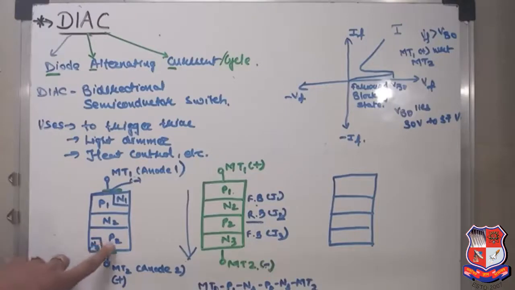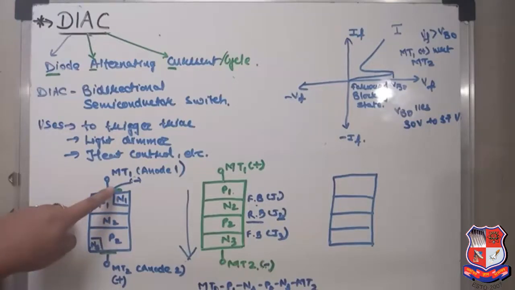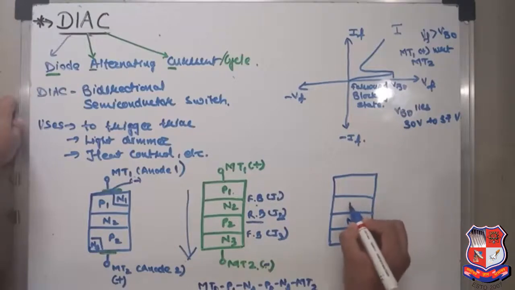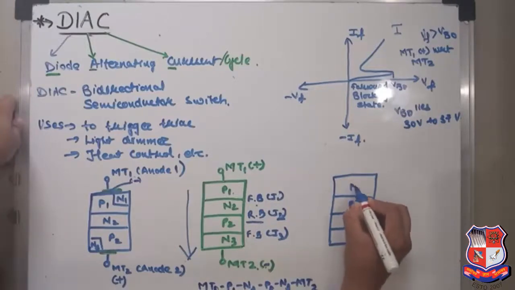Okay, your P2 layer, which layers are going to be activated? So P2 is getting the positive, so here P2, N2, P1, and here the N1 layer is going to be activated, as the N1 layer is getting the negative of the battery. So the layers that are going to be activated are P2, N2, P1 and N1.